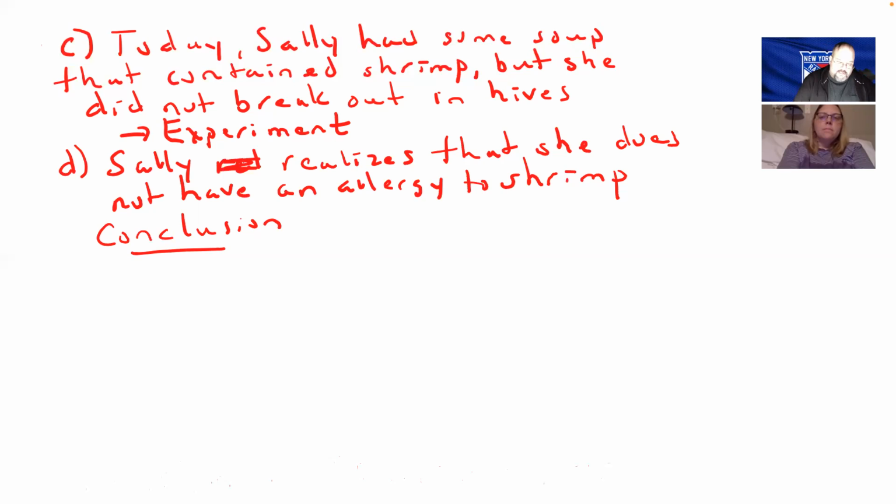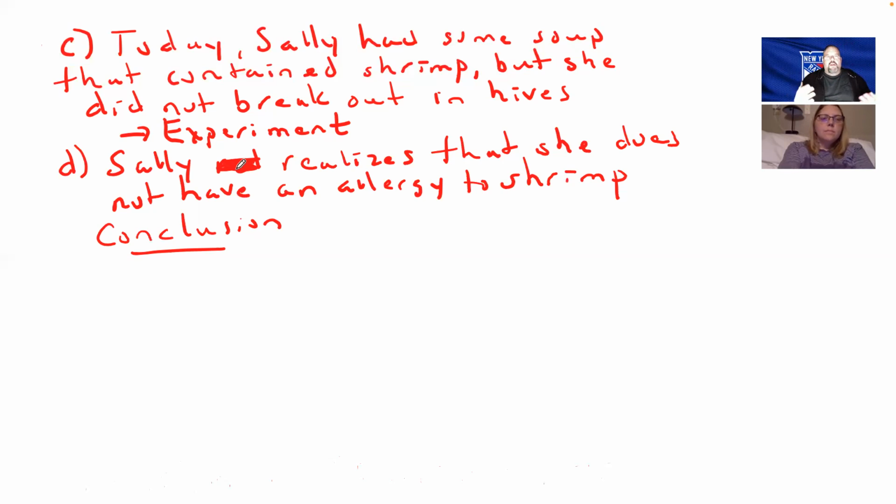For some reason, after eating the shrimp salad, she broke out in hives. But if she was really allergic to shrimp, after eating the soup that contained shrimp, she should have broken out in hives again. And she didn't break out in hives. So it was probably something else with the salad that caused her to break out in hives.